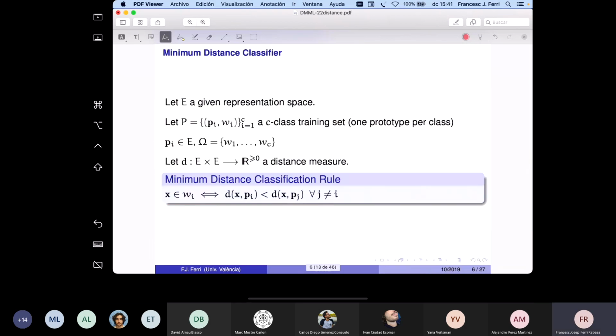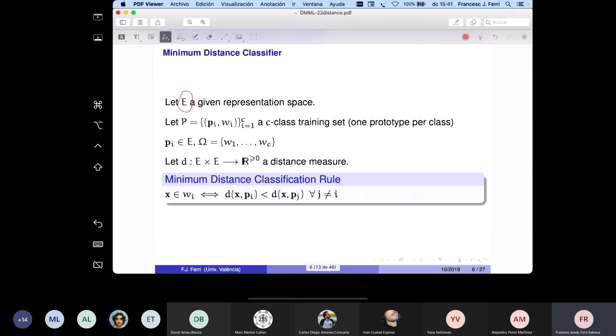Questions? No? Okay, so we are now going to define the first basic classifier using distances. In this slide, we call E the representation space.